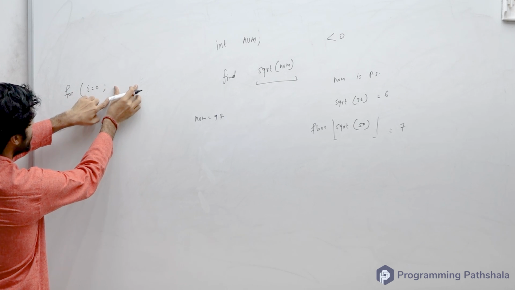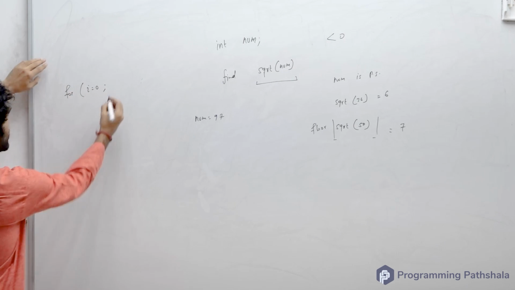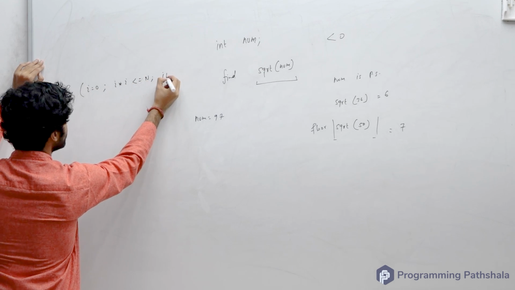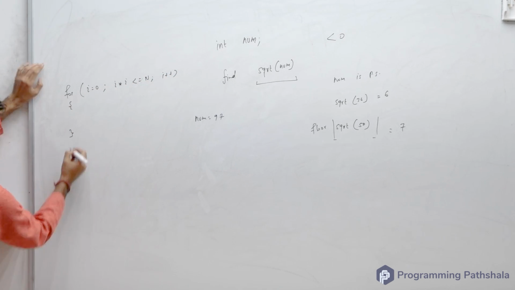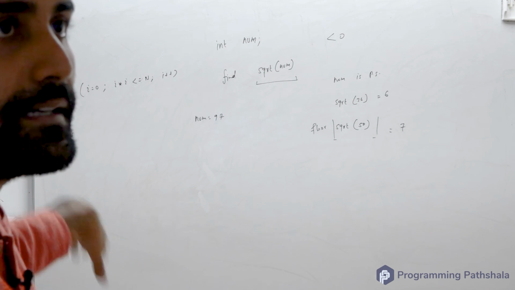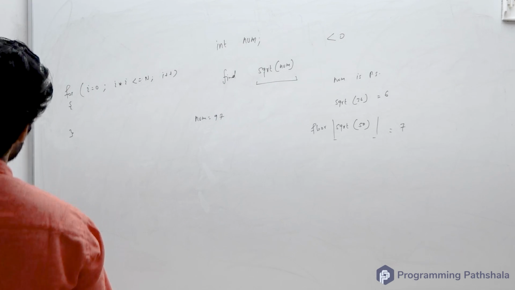And till where would you want to go? Can I write a condition like this? As long as I into I is smaller than equals to n. Can I write it like that? I can, right? And once you have written this condition, then your job becomes very easy.